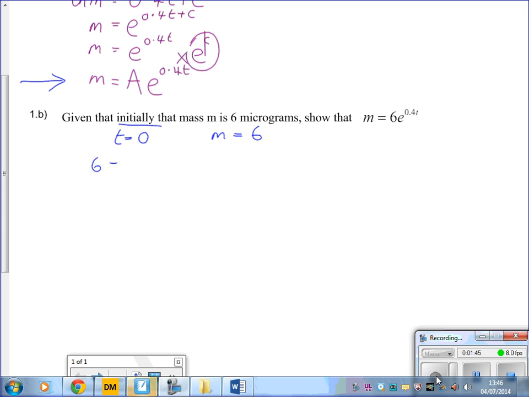So 6 equals a e, 0.4 times by 0 is 0. So to show that question, you remember e to the power of 0 is 1, and so a equals 6. Now we've found a, we're going to write out our equation again, substituting in that value.